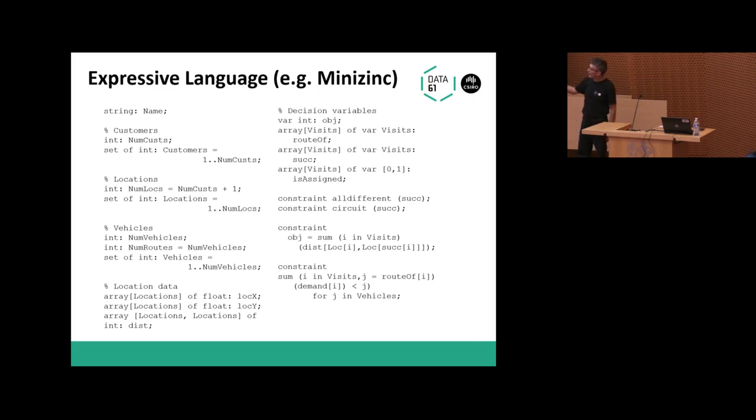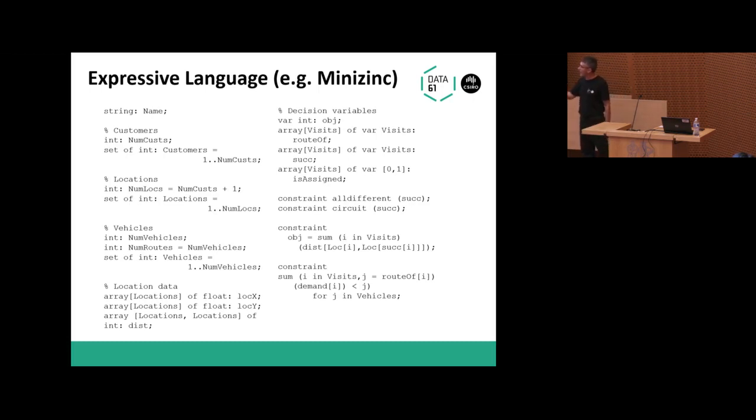I've got the number of locations, which is the number of customers plus 1. I'm assuming 1 depot here, so I've just got an extra location for the depot, and the locations is 1 to numlocs. Similarly, I've got the number of vehicles as an input parameter, and I have 1 route per vehicle here.